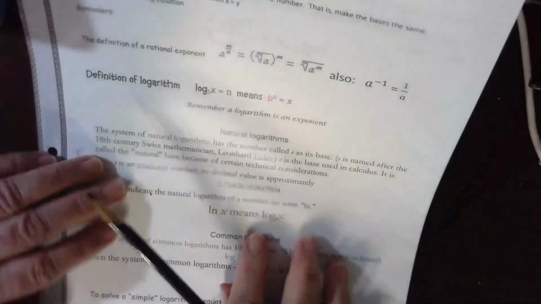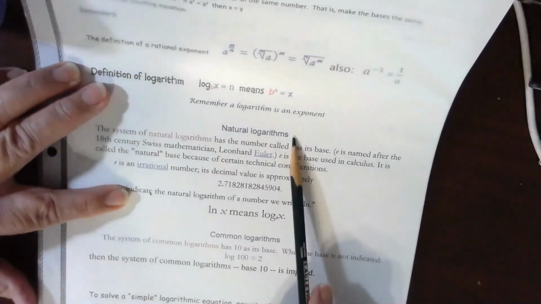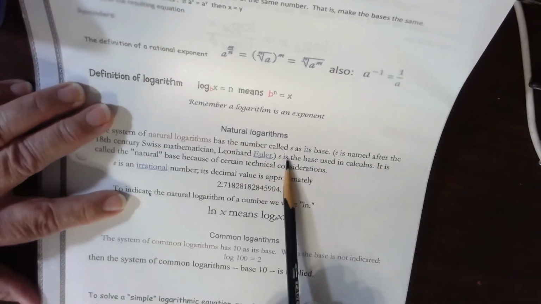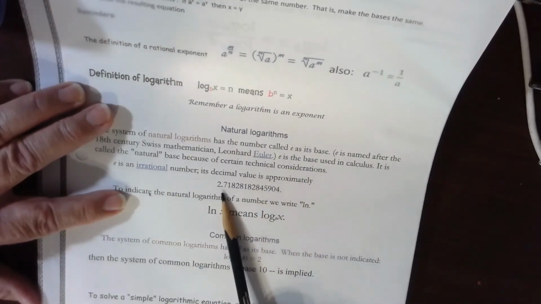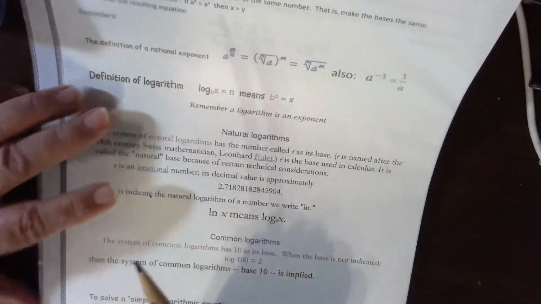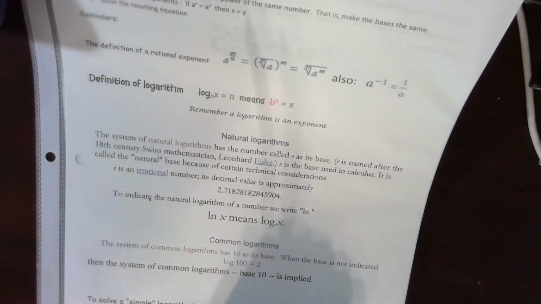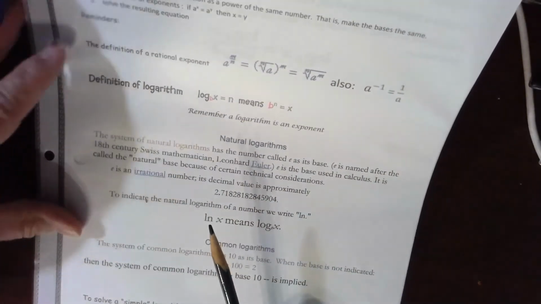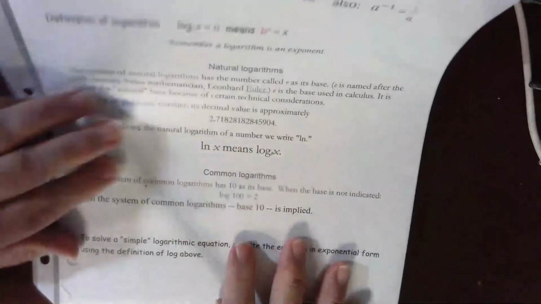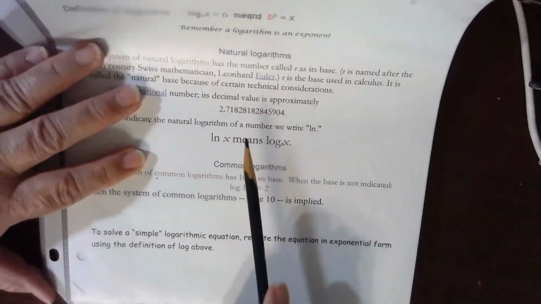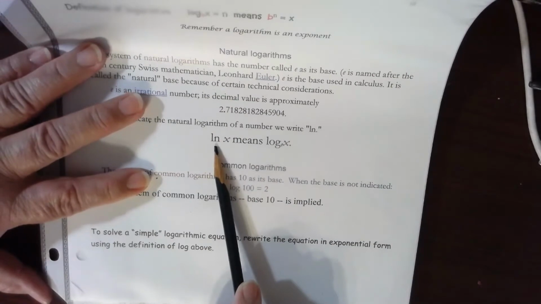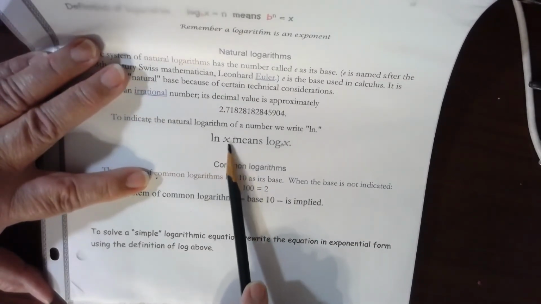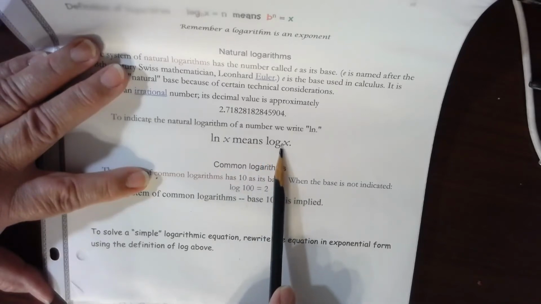Then I talked with you last time about e. But e is this number that's like pi. It goes on forever and ever. And it is the base of the natural logarithm. There are two bases of logarithms that are most commonly used. One is called natural logarithm, and we abbreviate that as ln, and it means log base e.